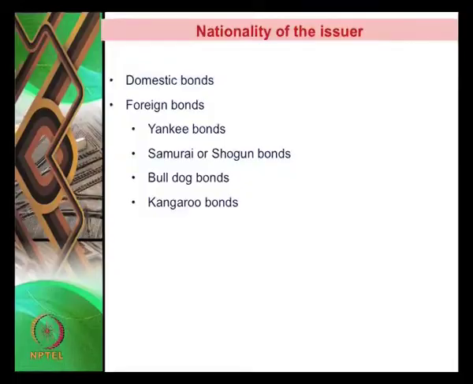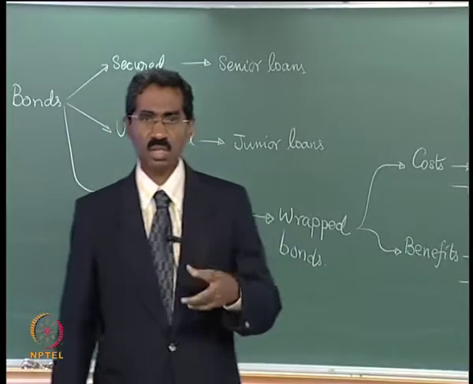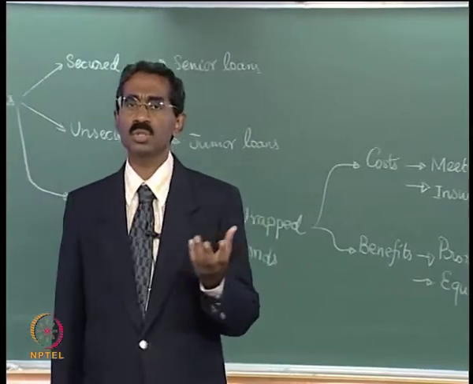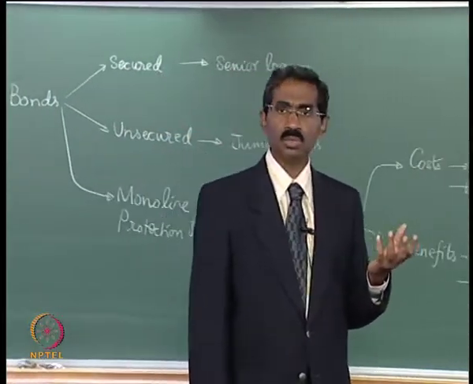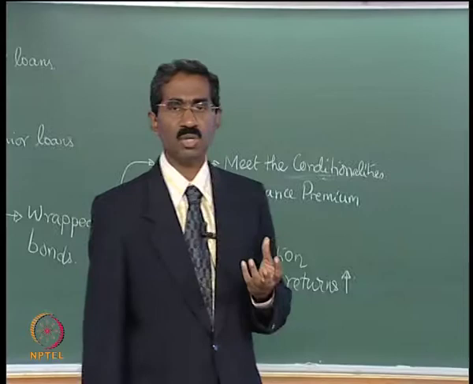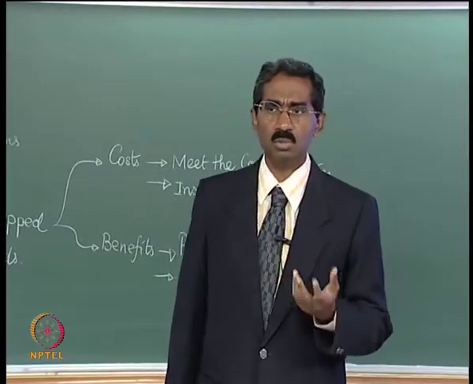The first is the nationality of the issuer. So you have broadly two categories. One is your domestic bond and the other is your foreign bond. A domestic bond is, let us say, if the issuer issues a bond in the country in which he is operating, then it becomes a domestic bond.